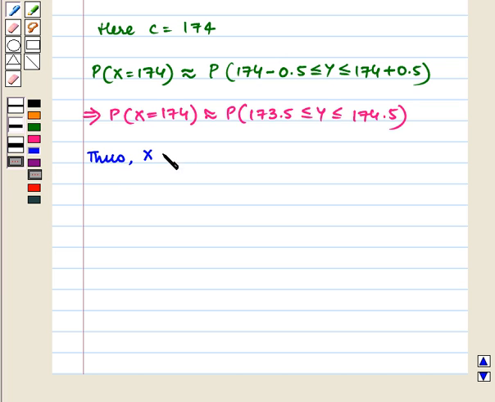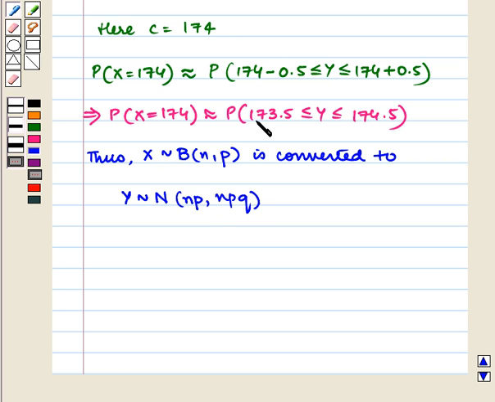Thus, random variable x follows binomial distribution with parameters n and p is converted to random variable y following normal distribution with mean np and variance npq.